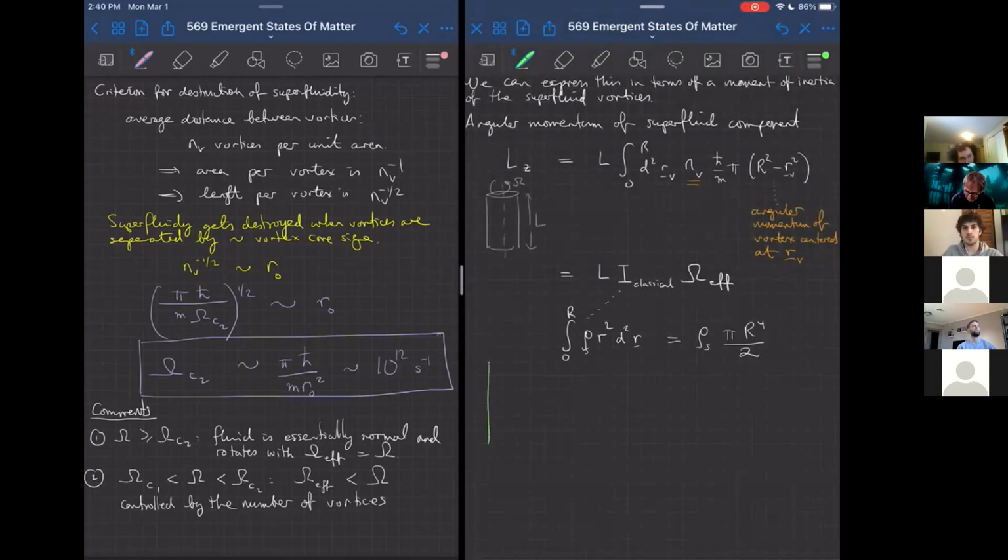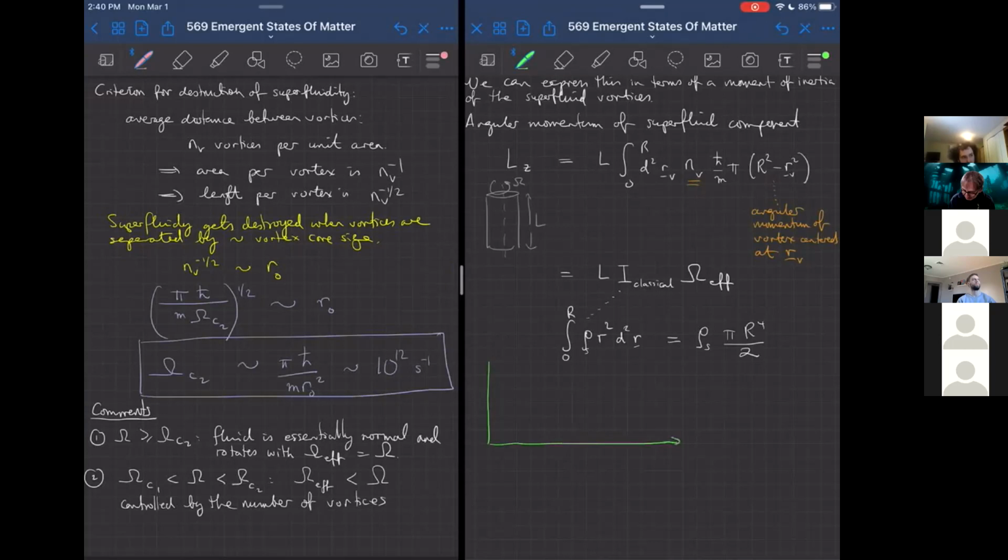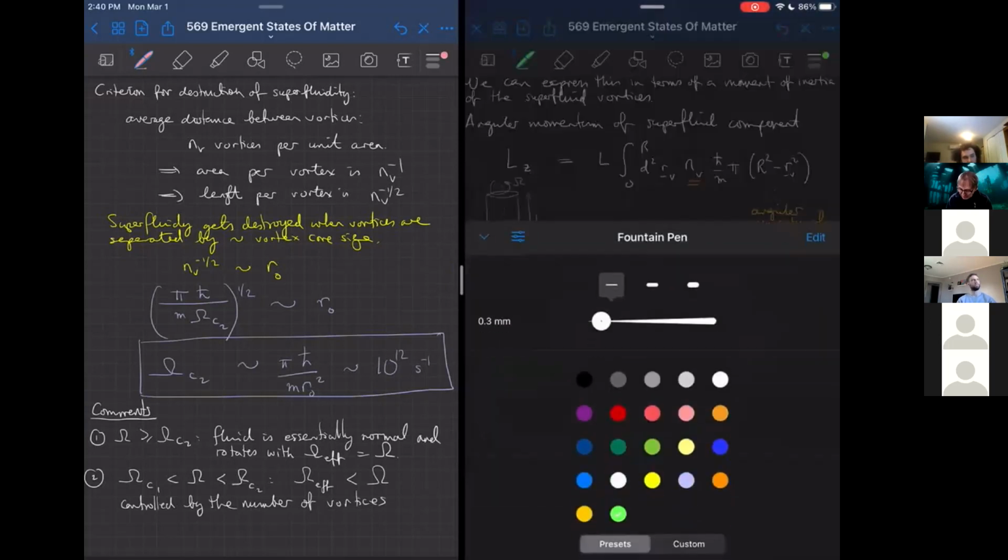So here's the rotation rate, and here is the total angular momentum. So this is L_Z, and then I'm going to draw on here the critical omega 1 and the critical omega 2. So what is this? What have we just computed?